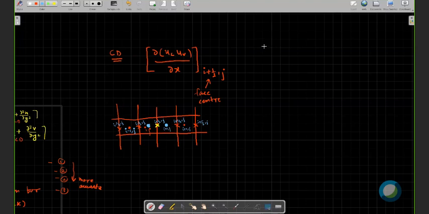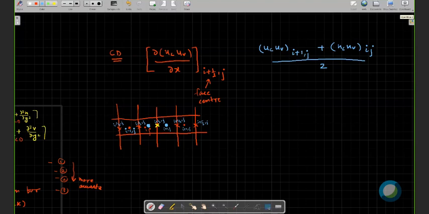So it is like UC UV at i plus 1, j plus UC UV at i, j divided by 2. Okay. So this was very simple.